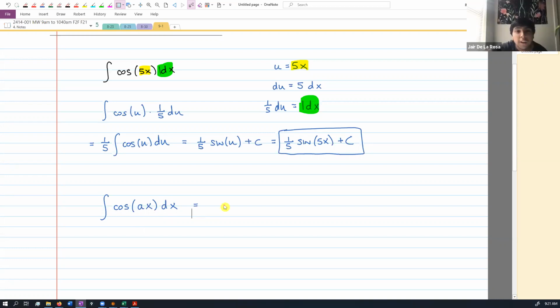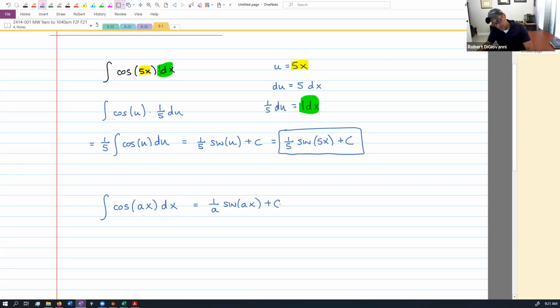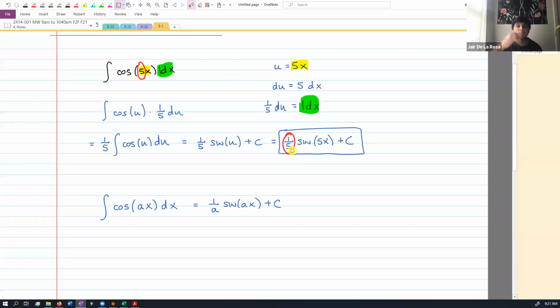It'd be 1 over a, sine ax, plus c. Yep, exactly. So do y'all see that? This constant right here is always going to be 1 over the constant here. So this would be a formula that we could remember.